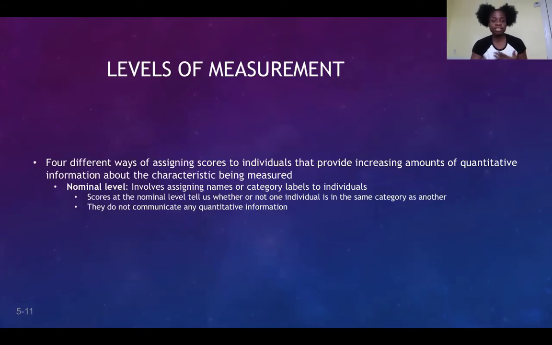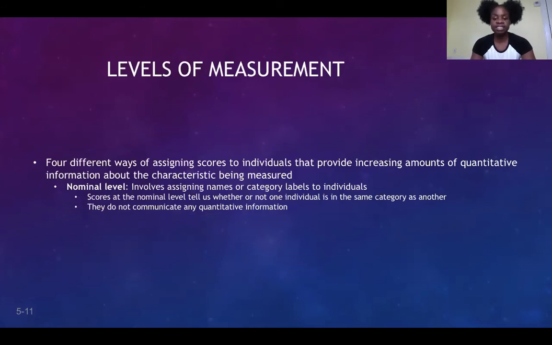The 4 different ways of assigning scores to individuals that provide increasing amounts of quantitative information about the characteristics being measured are as follows: nominal level, ordinal level, interval level, and ratio level. The nominal level of measurement is used for categorical variables and involves assigning scores that are category labels.